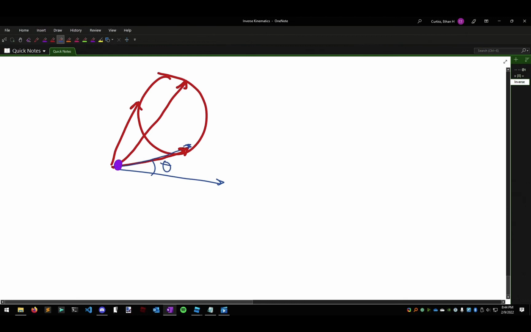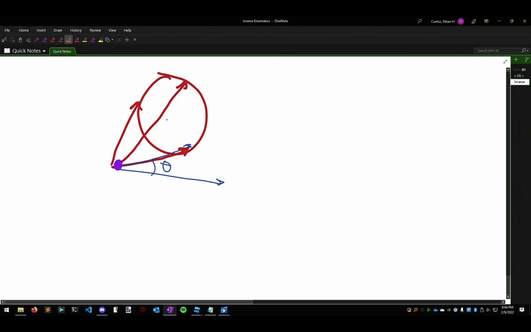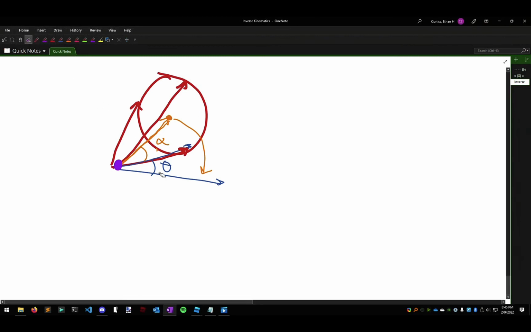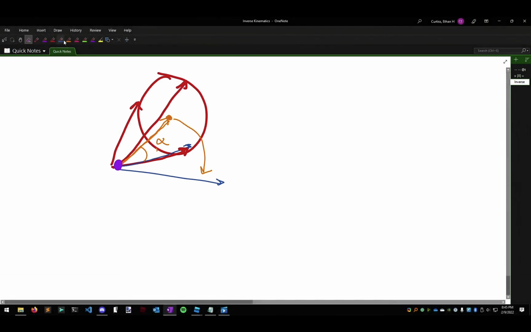The way we're going to do that is with an axis angle rotation. This is the center of our circle, and we have a vector here, and we want to rotate this orange vector to the blue vector by this angle. Okay, that's a bit messy. Does that make sense though? We're rotating the center of the circle towards what we consider to be the natural rotation, and we're doing it by this alpha amount.